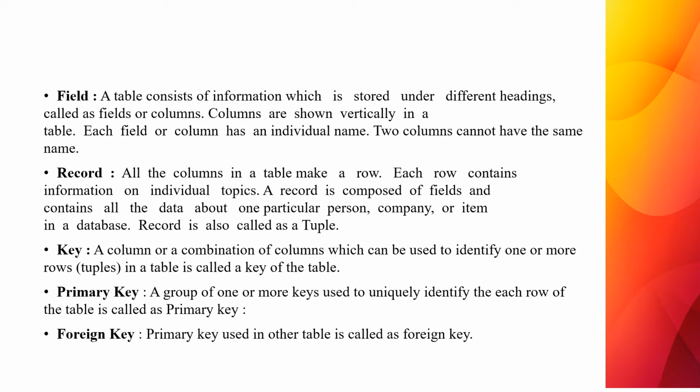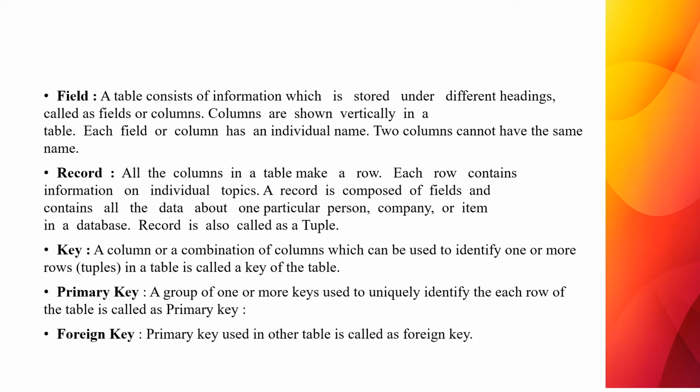Two concepts are related to keys: one is the primary key and the other is the foreign key. A group of one or more keys which are used to uniquely identify each row of a table is called the primary key, which avoids duplication of data, so data redundancy is avoided. Foreign key: when we consider the same key in another table, it becomes our foreign key. For example, if there are two tables, student and mark sheet.